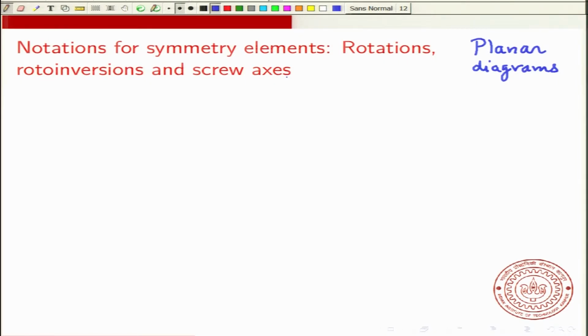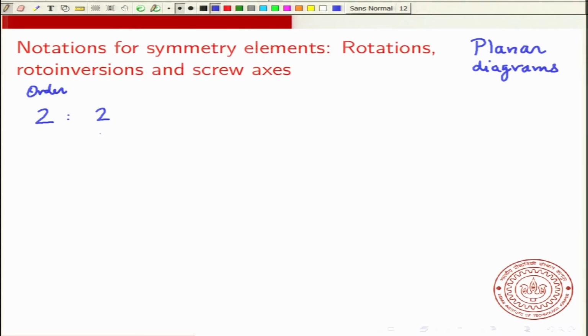Okay. So let's look at this notation. Now let's say you have an order 2 axis, a twofold axis. So if you have a twofold axis, it could be a pure rotation like a 2 axis.